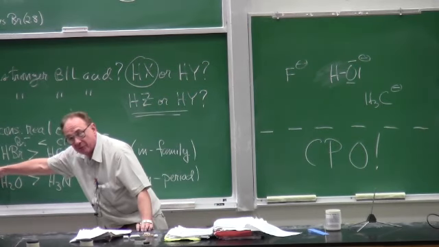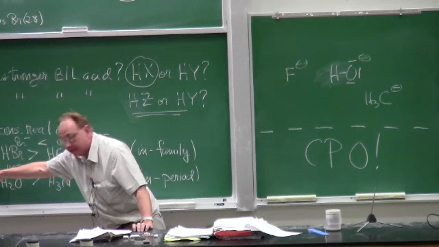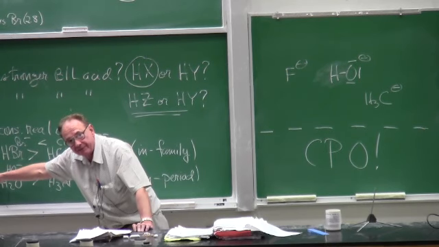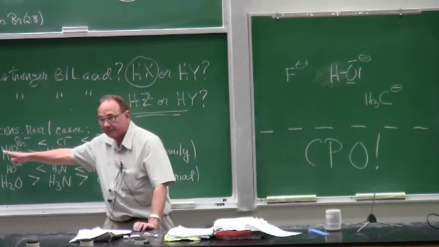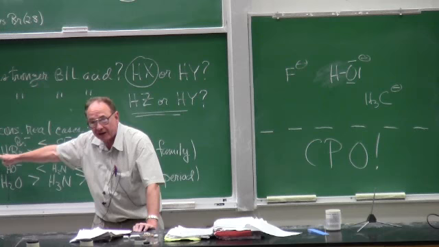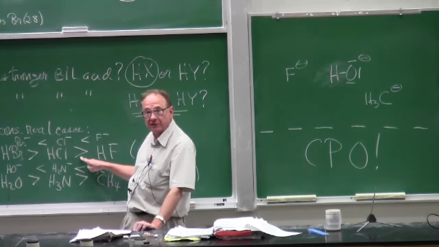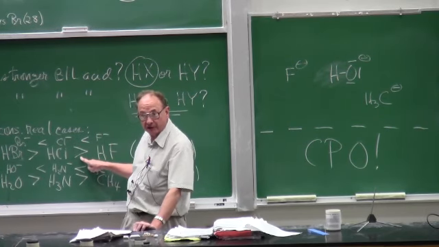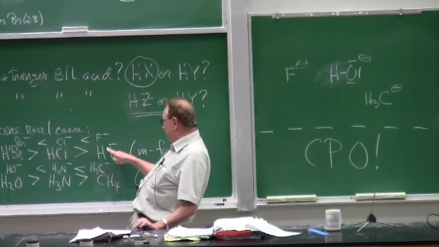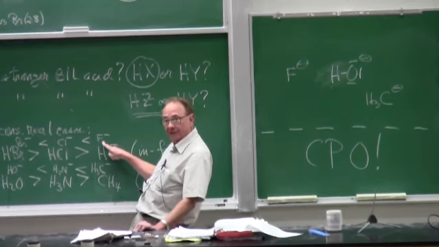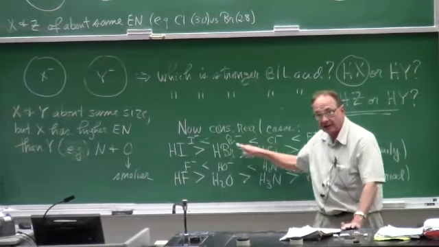Electronegativity argument says this is the weakest, most stable base, and in this case, this is the weakest, most stable base. So the electronegativity argument fits the facts. Here, the opposite is true. Here, the charge to size ratio fits the facts, and the electronegativity consideration is in contradiction with the facts. Because here, based on electronegativity, I'm going to pick this as the weakest base. Wrong. This is the strongest base of these halide ions.